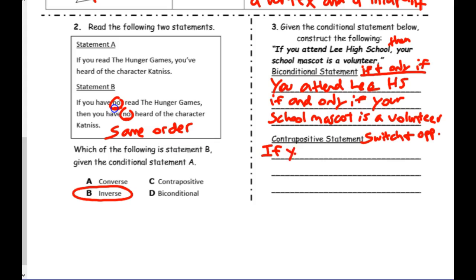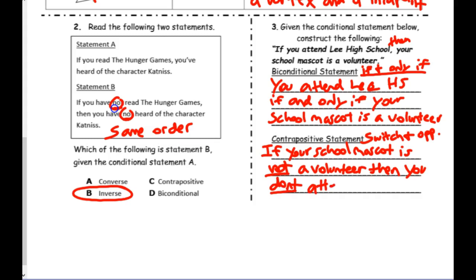So if your school mascot is not a volunteer, then you don't attend Lee High School. Alright, so that's contrapositive.